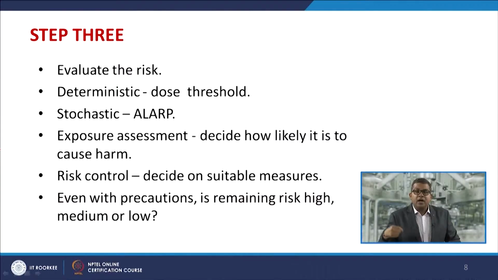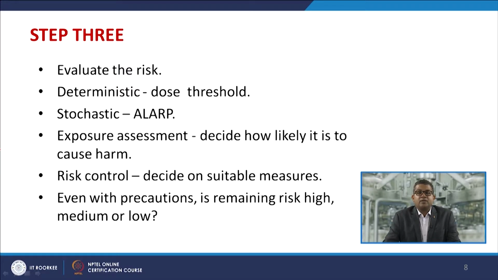Then you go for ALARP, then you analyze what is the exposure assessment, decide how likely it is to cause harm. Sometimes it may be at the regular frequency, maybe gradual release, and sometimes within the acceptable limits, etc. Then you determine what are the different methodologies available for risk control, because there may be several other risk control methodologies or protocols available within the plant.